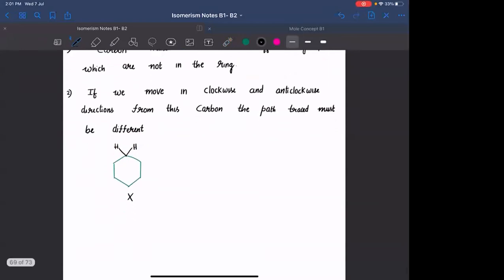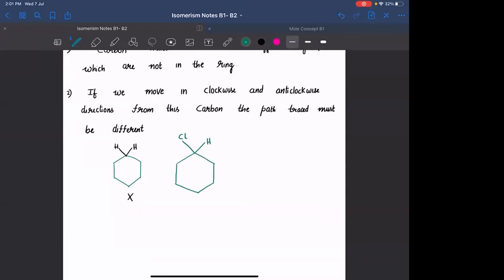Let us take another example. If I take this compound, you are having hydrogen, and I'm taking another group as chlorine.